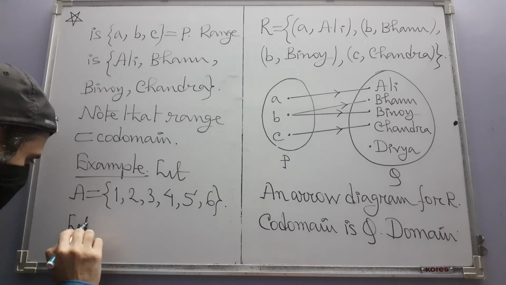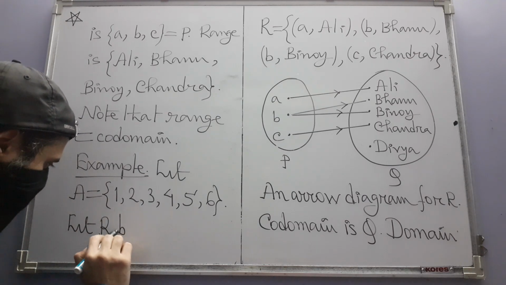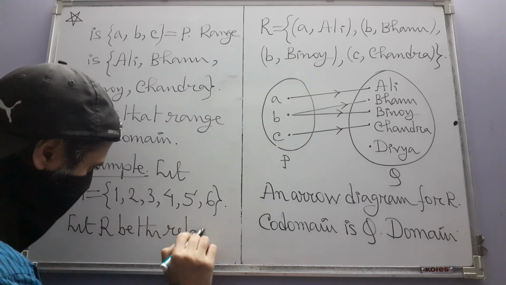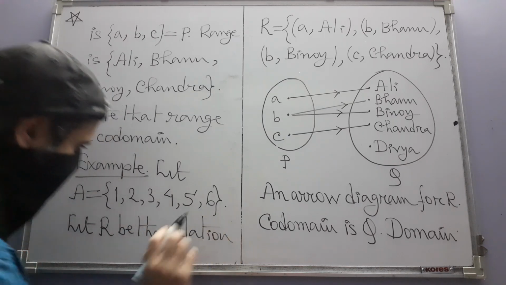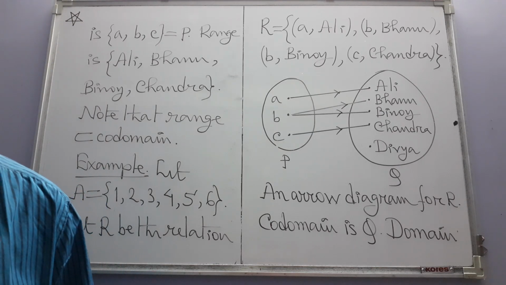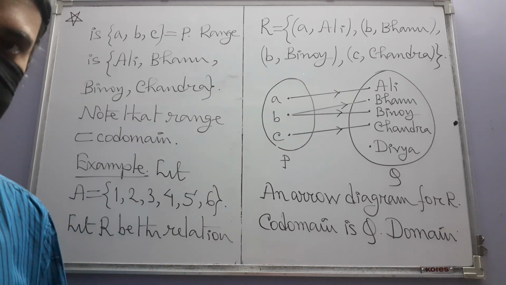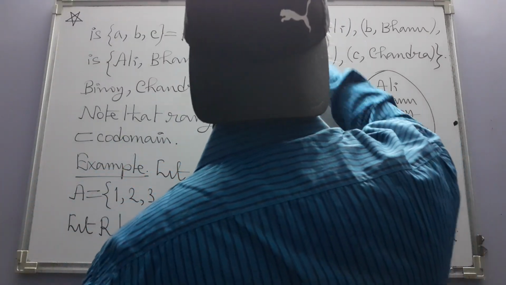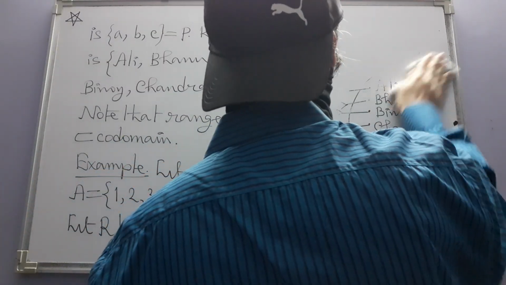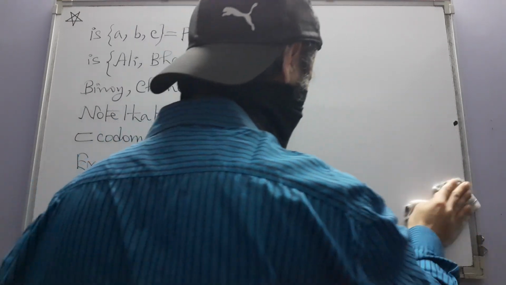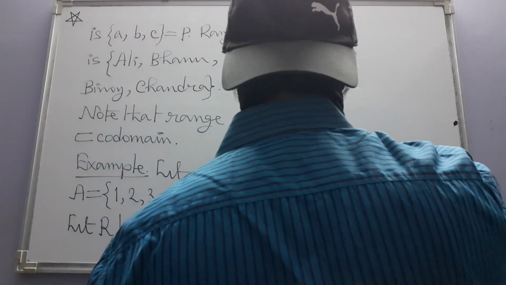Let R be the relation from A to A. That means here the two sets are actually the same. B is also A here. There is no need for B to be different from A. You can take both the sets to be the same set.